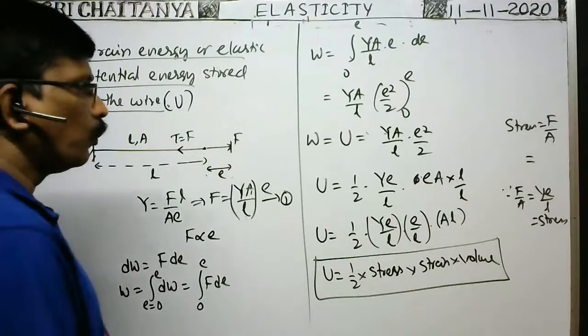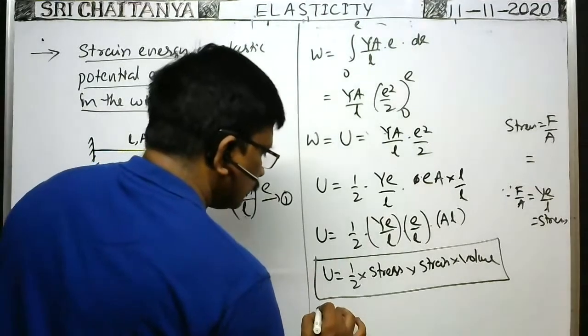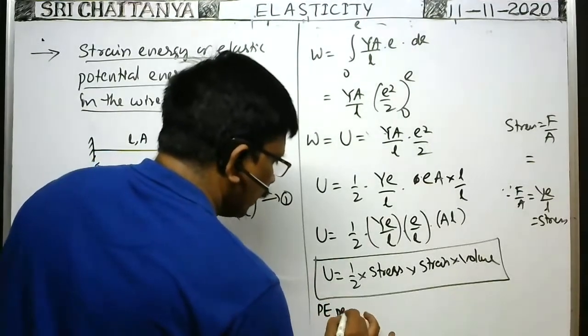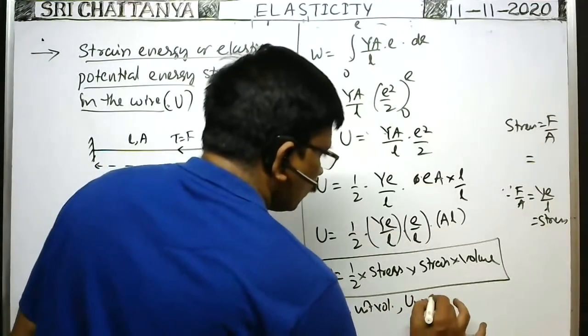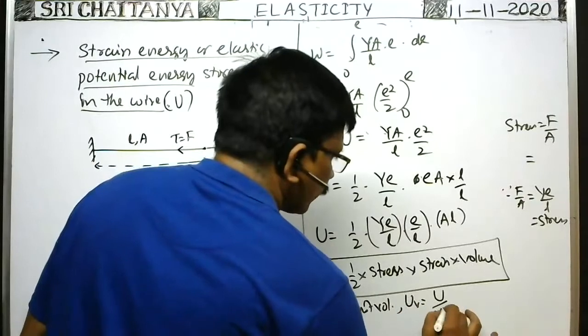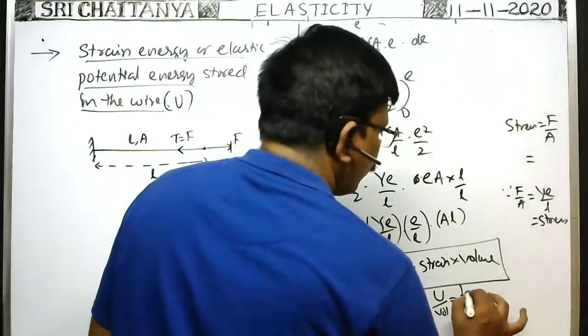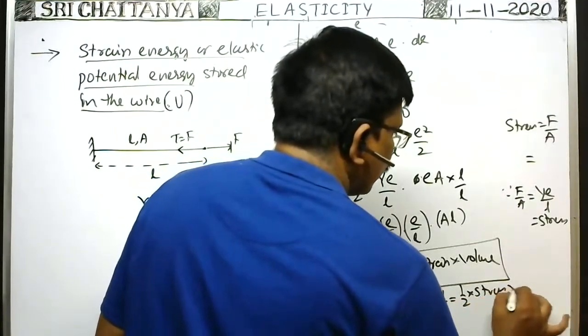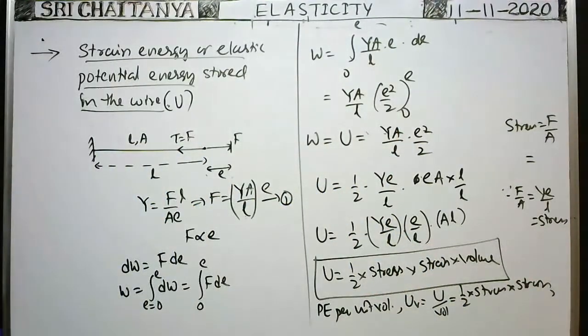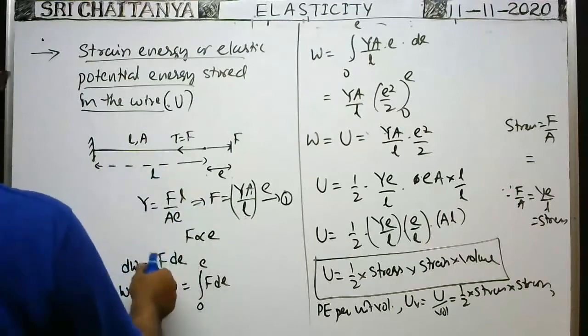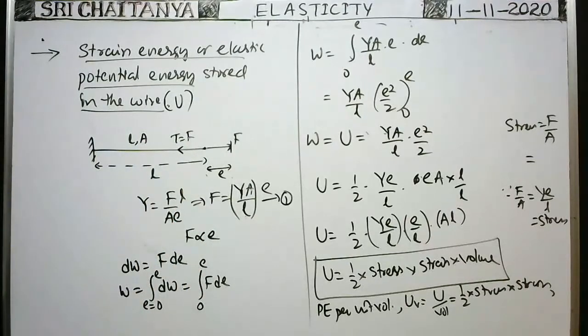Potential energy stored per unit volume. U_V is equal to the potential energy stored divided by volume V. So that is equal to half stress into strain. Sometimes we will be given information only regarding stress and Young's modulus, and they may ask what the potential energy stored is.